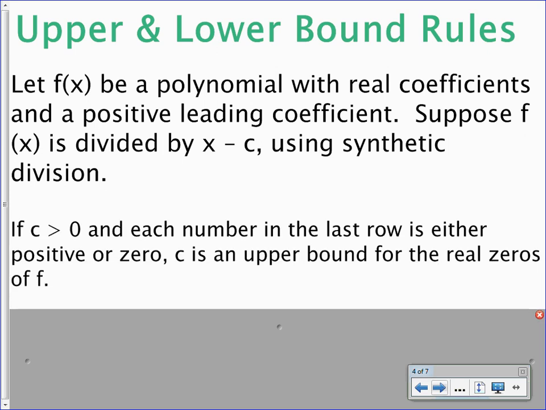So if we have a positive c outside of our synthetic division, we're testing a positive 0, and the last row, so what you get in the very last row underneath your synthetic division, if those are all positive or 0 numbers, then you have an upper bound. Don't try any zeros above that number.